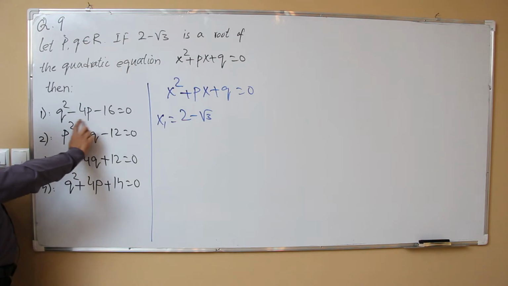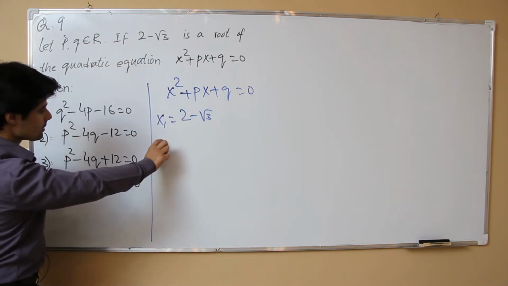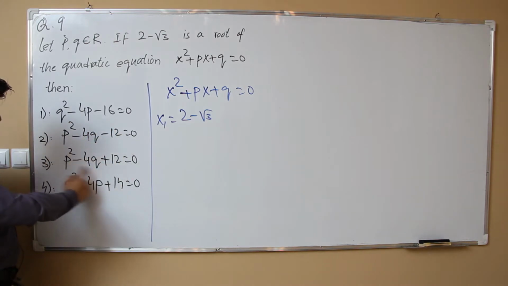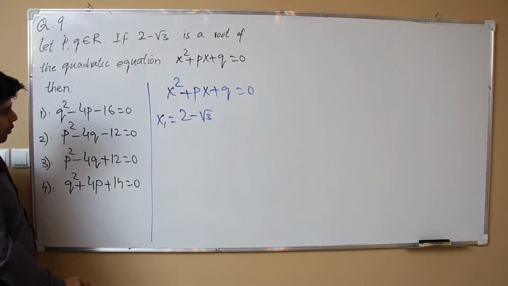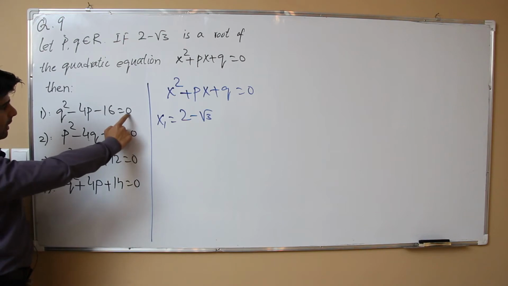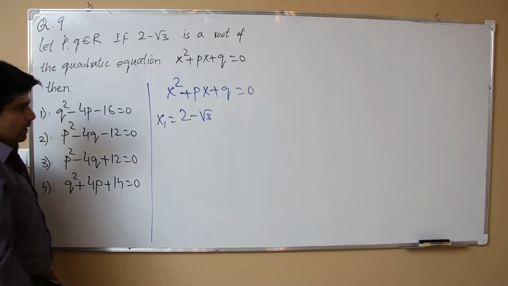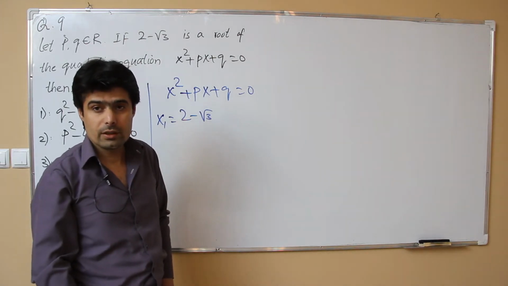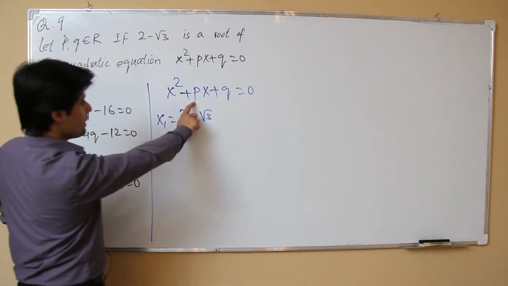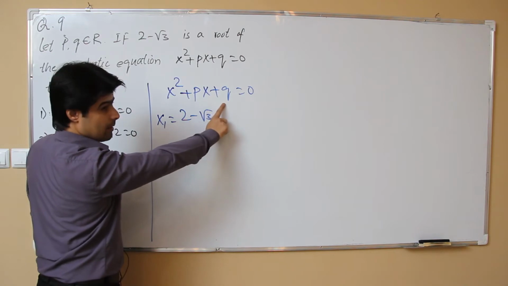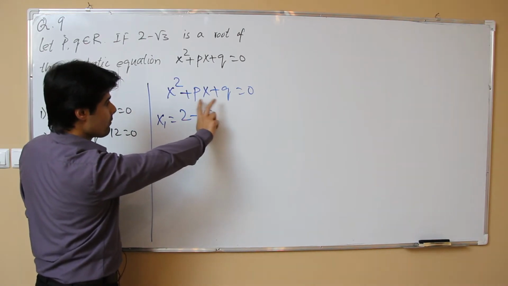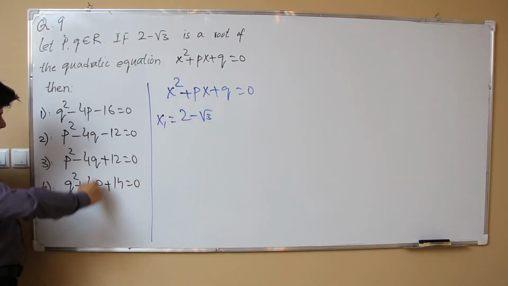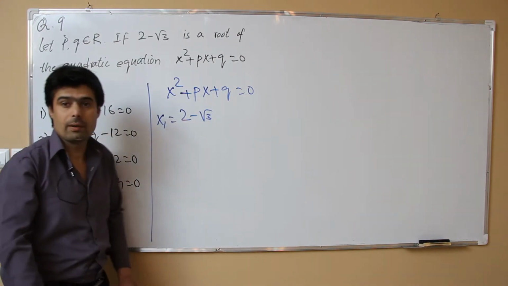If we find p and q, we will put the values of p and q in the options, maybe number 1, number 2, number 3 or number 4. Whichever gives 0 would be the answer. It means I have to first find the variables p and q.